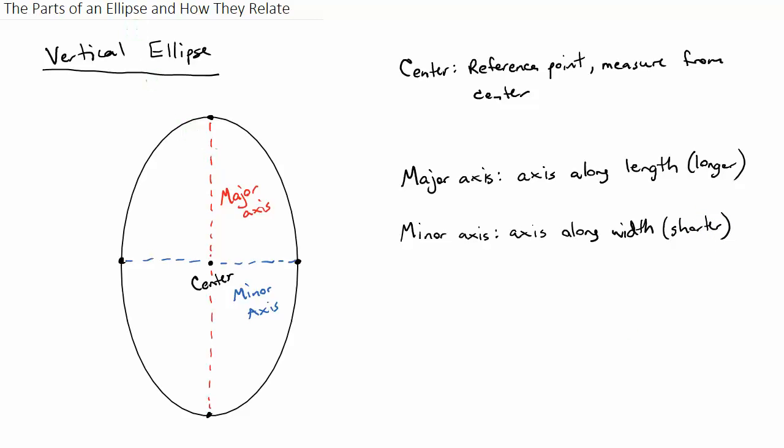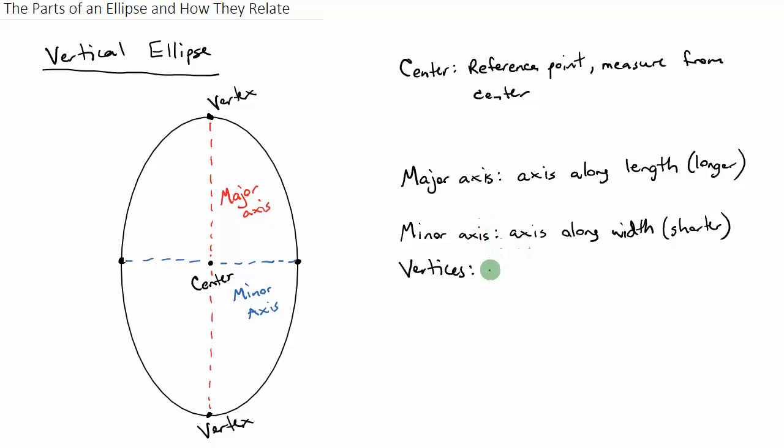Okay, so now that establishes these lengths, or these axes, and the points at the ends of the major axis, the endpoints there, are called vertices. So this point up at the top is called a vertex, and the point at the bottom is called a vertex. When you have more than one, they're called vertices.